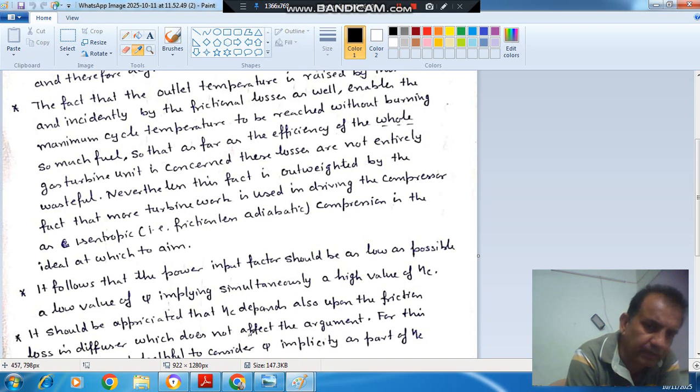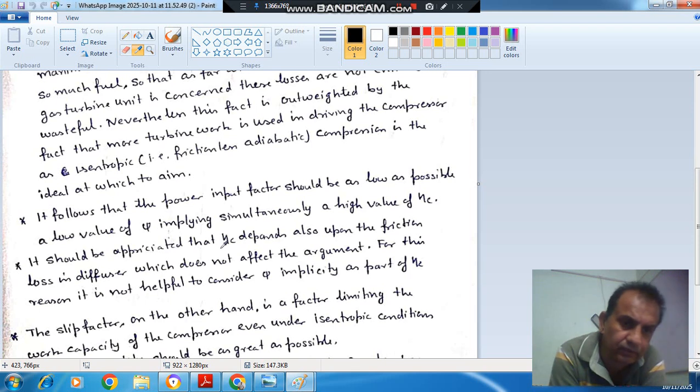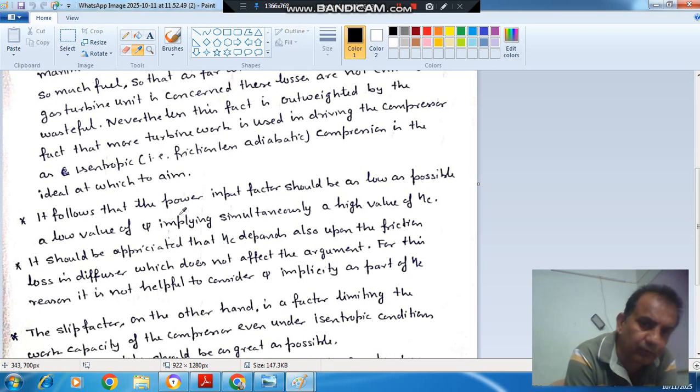It should be appreciated that isentropic efficiency also depends on the friction loss in the diffuser, because isentropic efficiency is the efficiency of the whole compressor. It is carrying the losses in the impeller part as well as in the diffuser part, but this power input factor takes the losses in the impeller part only.